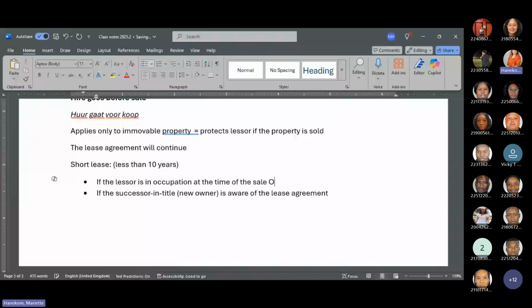So if the lessee is in occupation, or even if they weren't in occupation, but the new owner, the successor in title, is aware of the lease agreement, or if the successor in title obtained their title gratuitously, free of charge.